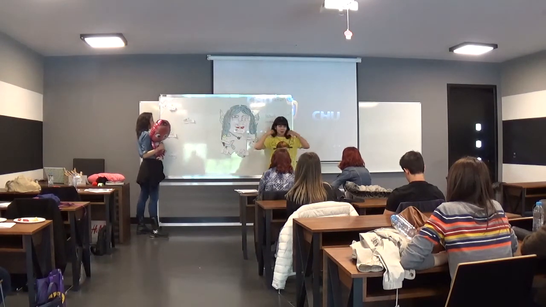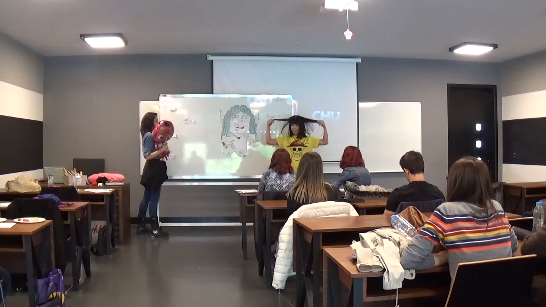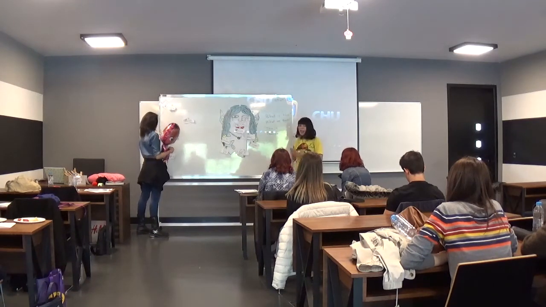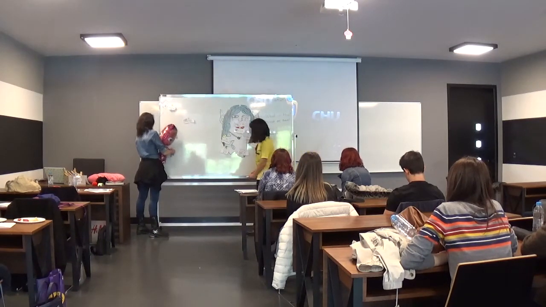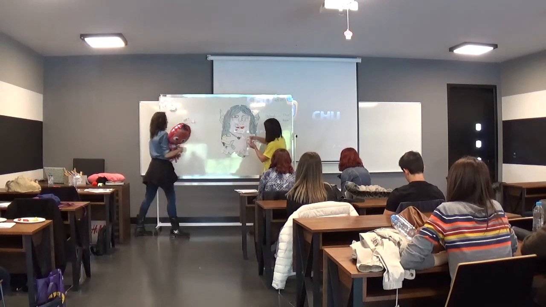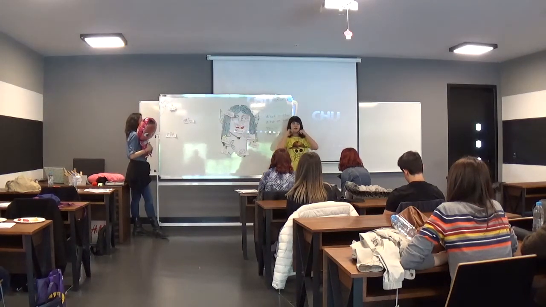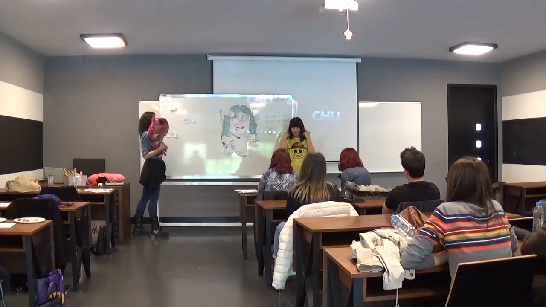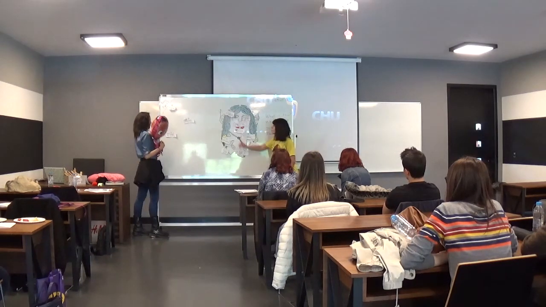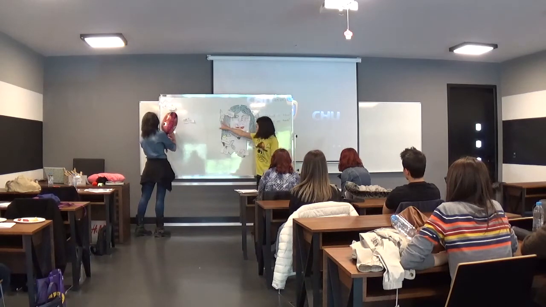In Turkish, what is it? Saç. Yes. In English, it is hair. Okay? What is this? And what are these? Do you know? Kulak. But how many ears do we have? Two. Okay, 2 ears, 1 ear.